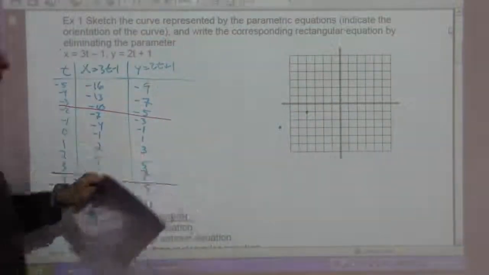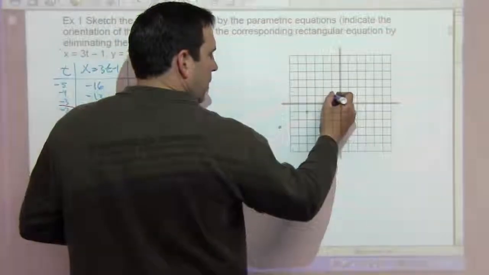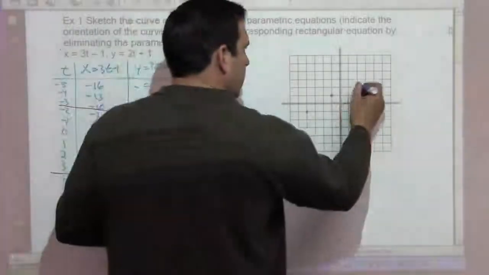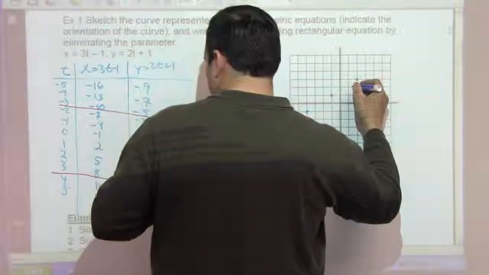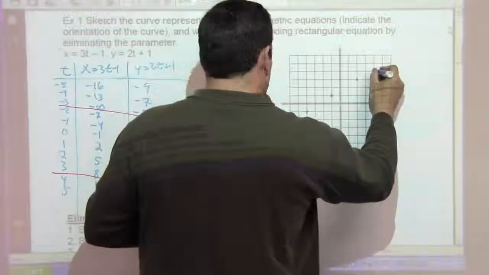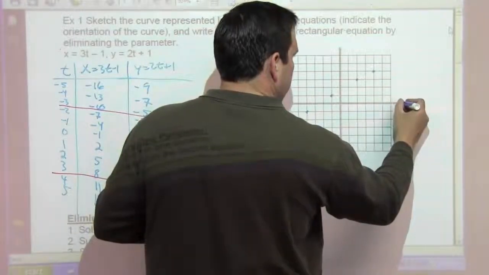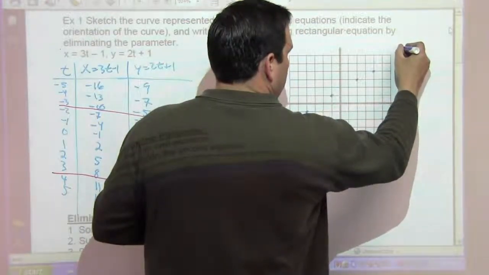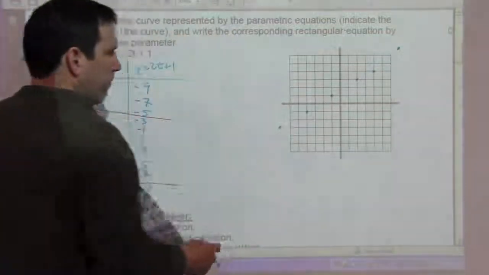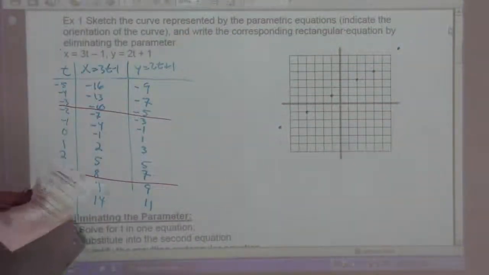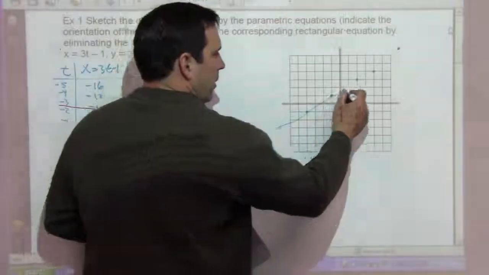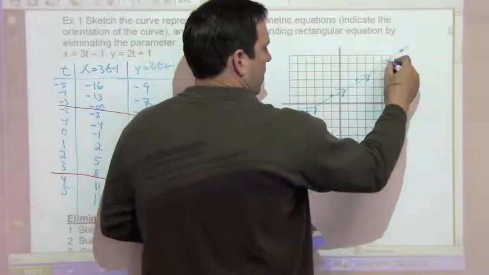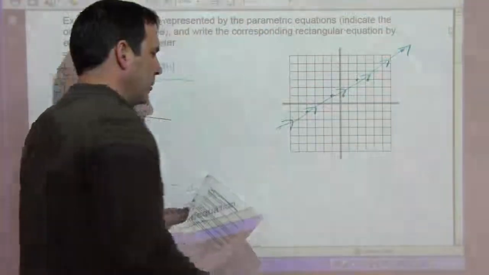Then negative 1, 1. And then 2, 3. 5, 5. 8, 7. Something right about there. And this is the direction it's going in. As t gets bigger, it's going that direction.